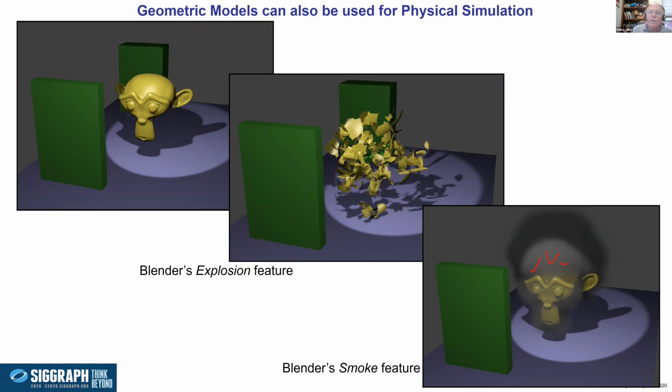But if you're going to do something with it, like explode it or provide smoke, there's some extra information you need to have. And again, this all goes back to the idea of, before you model, you ask yourself the question, why am I doing this? And if we're not going to do these extra things, then we just really need to be concerned with appearance.